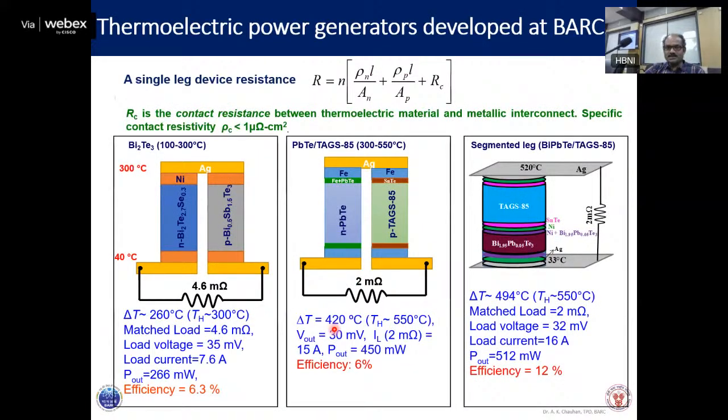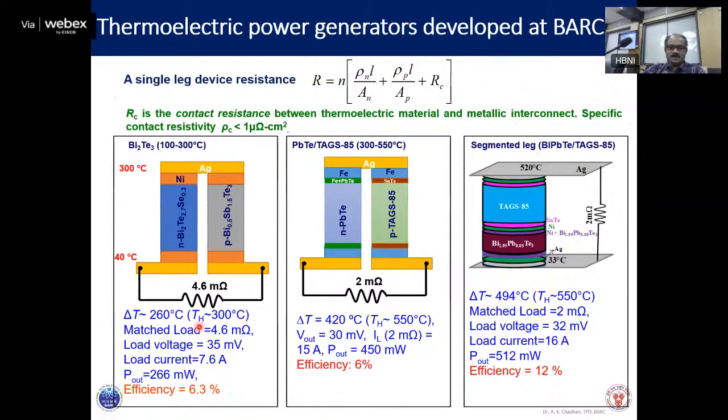So in BARC also, we have a group who is working on thermoelectric power generators in our division, and we have developed these thermoelectric generators for three different temperature ranges: low temperature range, mid temperature range, and high temperature range.